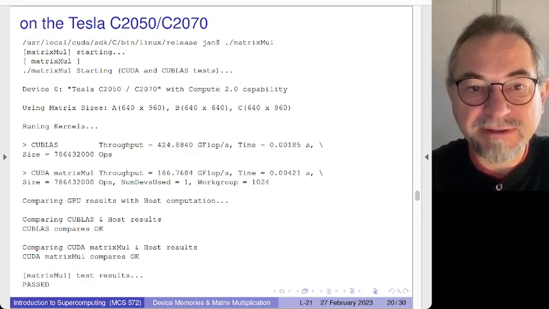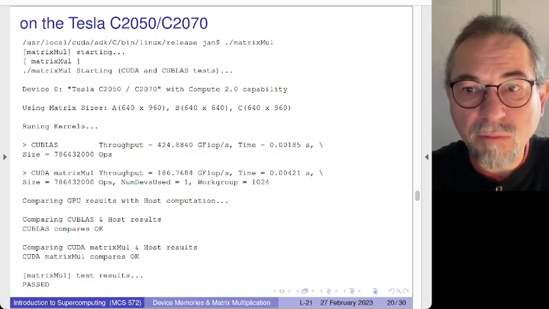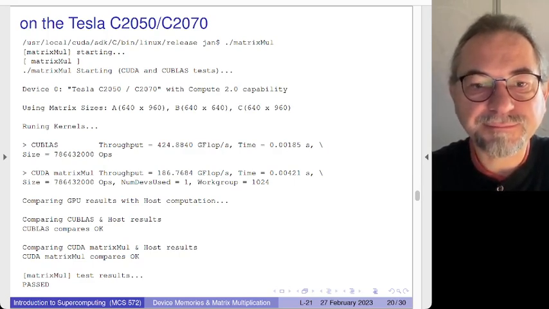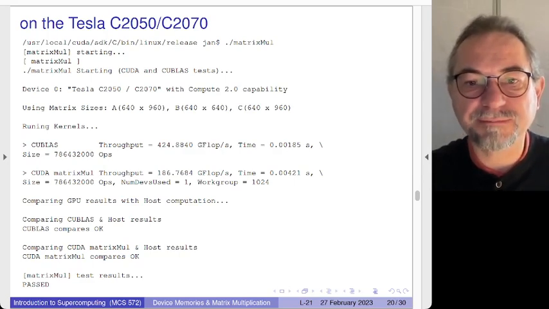The matrix multiplication from the software development kit clocks below that. And in some sense, the matrix sizes are quite small. So this is also a big point here.